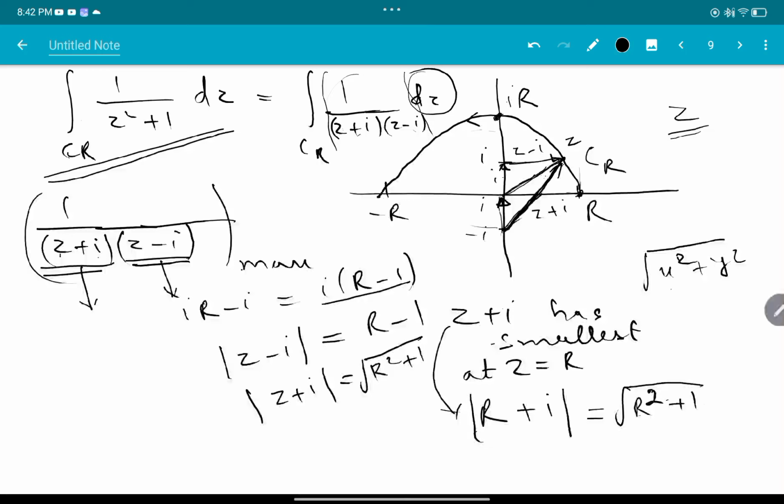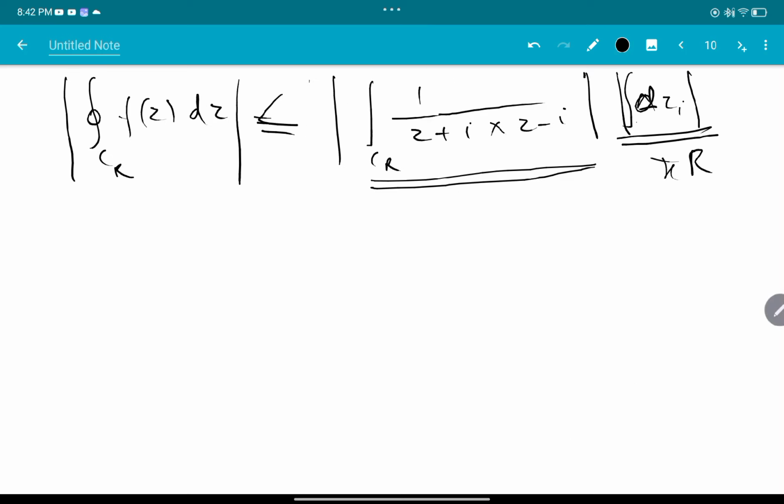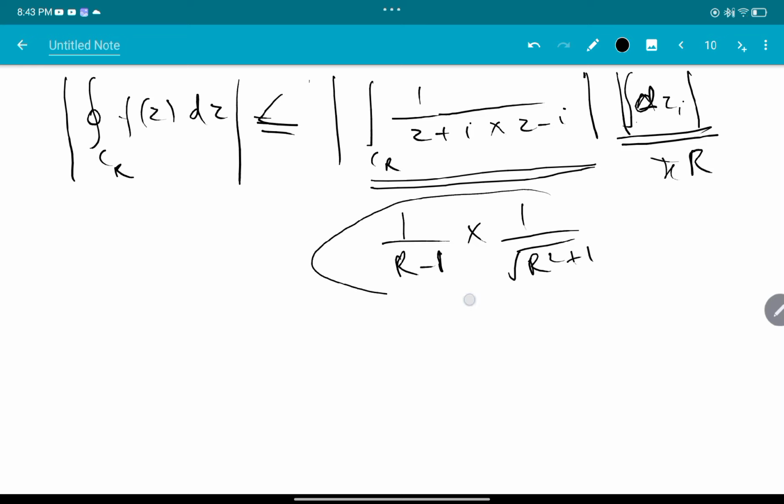Smallest value of this is r minus 1, and the smallest value of the other is root of r square plus 1. That means this is the maximum value of this, and into pi r.